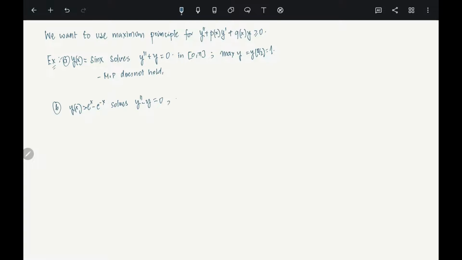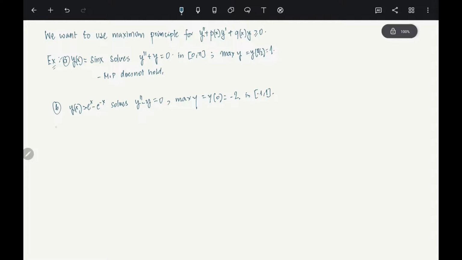And the maximum of y, if you check it, is attained at 0, which is minus 2. And this is also in (-1, 1). So it is not only that particular equation that has an issue. There are other equations you can write where there are issues too. So it can happen. But we can actually work around this problem.